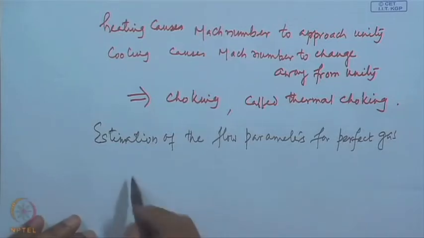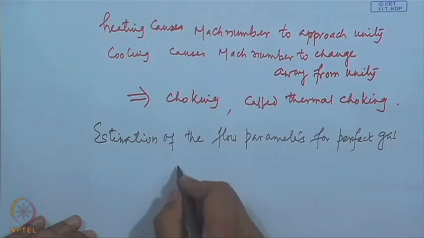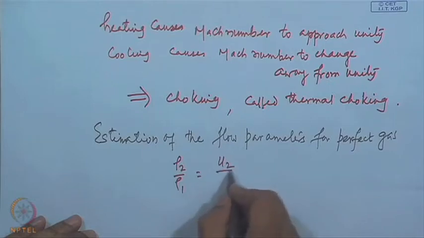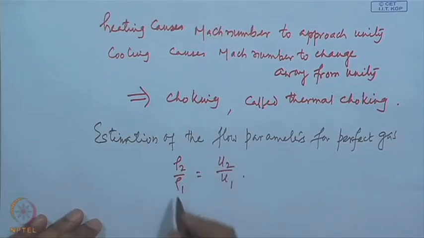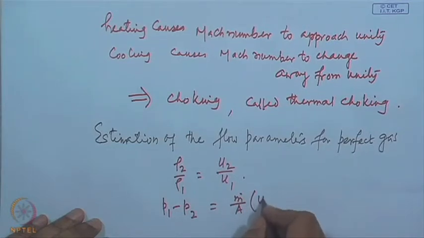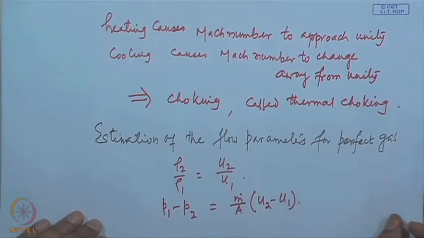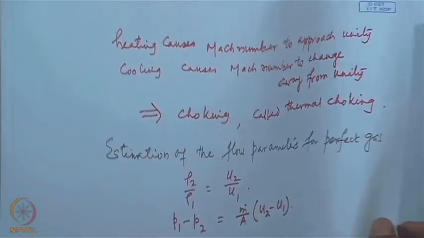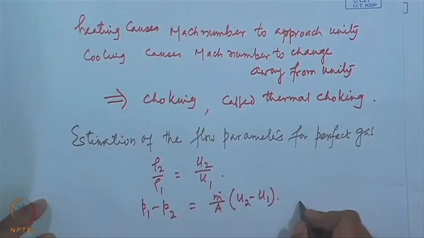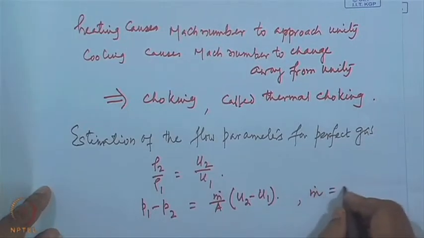We have from mass conservation one relation. From the momentum equation we have P1 minus P2 equal to the mass flow rate per unit area multiplied by U2 minus U1. To be precise, that m dot is basically rho u.